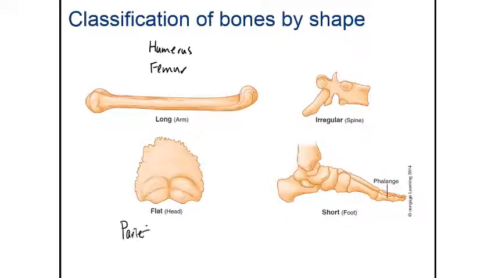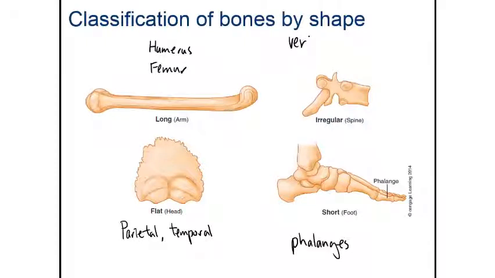So parietal bone, temporal bone, right? So these are all considered as flat bones. Short bones would be like the phalanges of the foot. And if it doesn't really fit in other categories, it looks kind of weird, then we call them irregular bones.